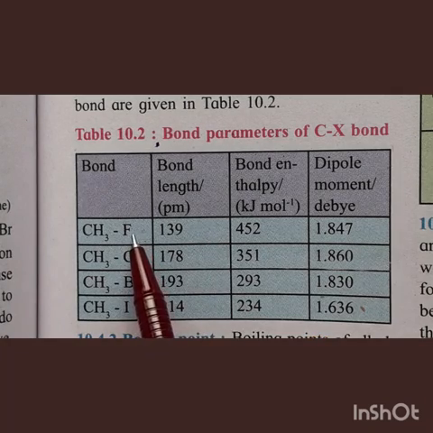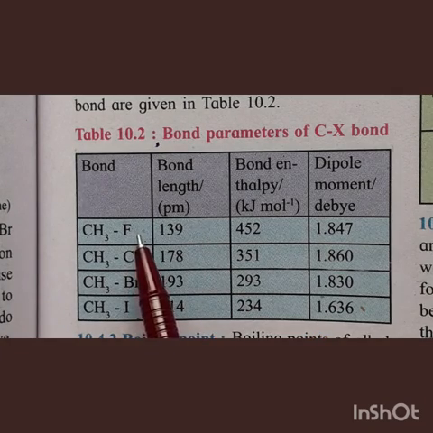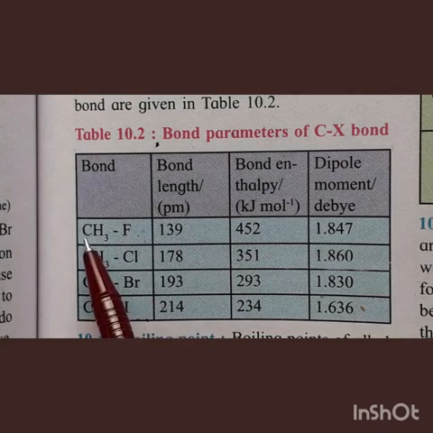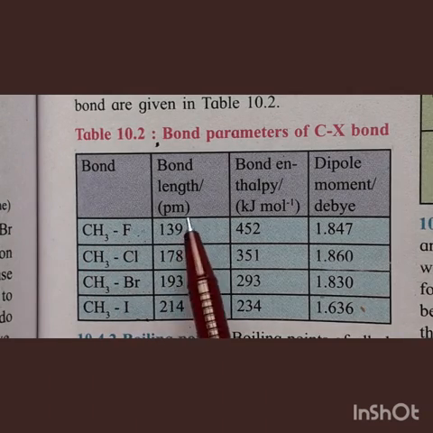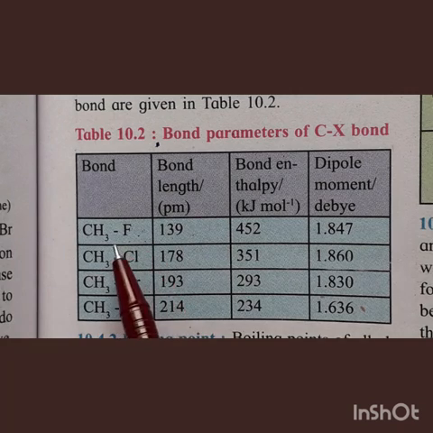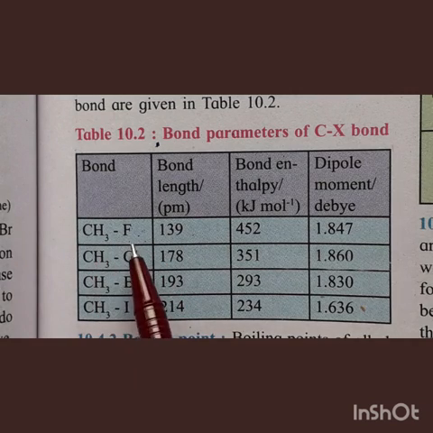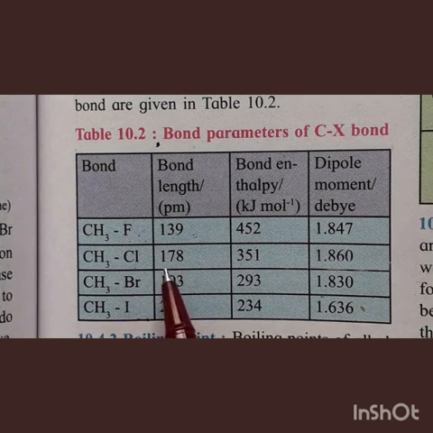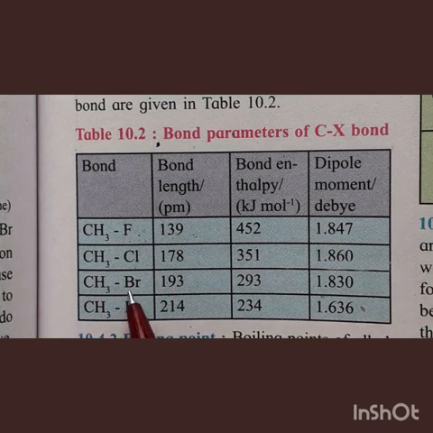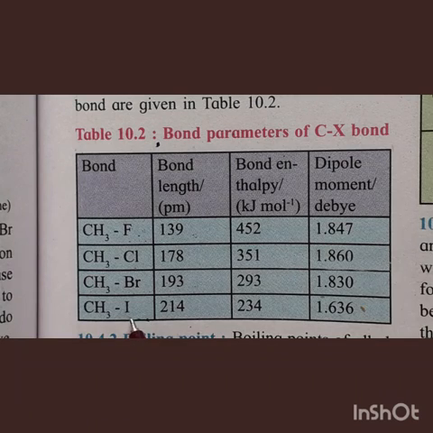So you can see the size of the fluorine atom is smaller, so the bond length between carbon and fluorine is 139, and as we move down you can see the bond length is increasing. Carbon fluorine bond length is 139, carbon chlorine bond length is 178, and carbon bromine bond length is 193.